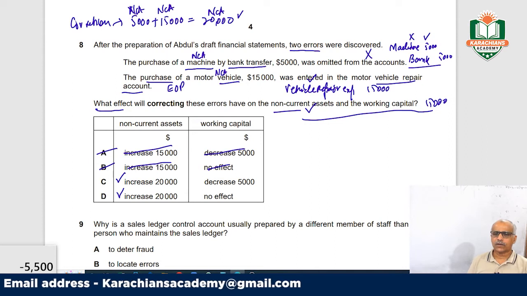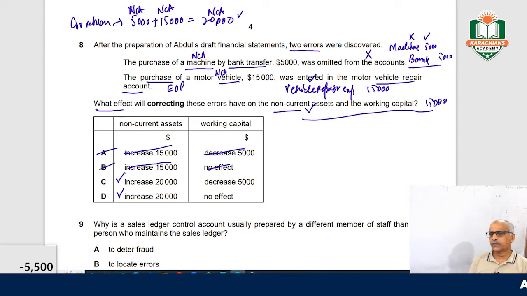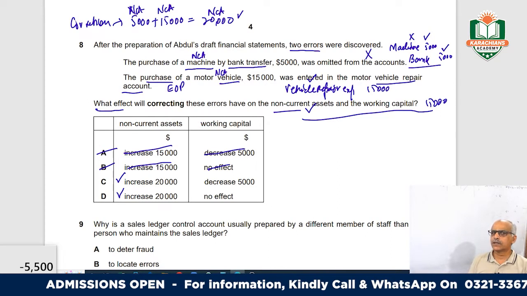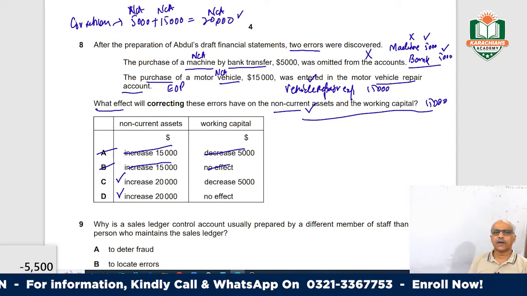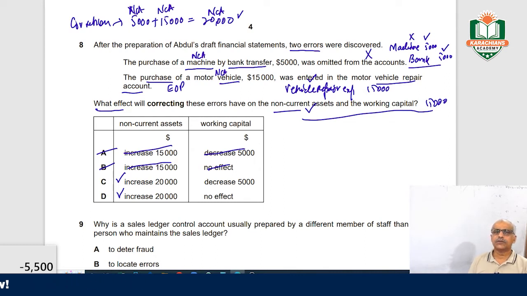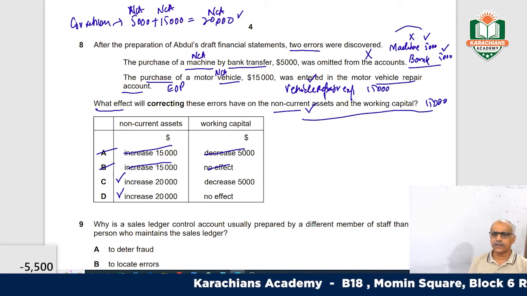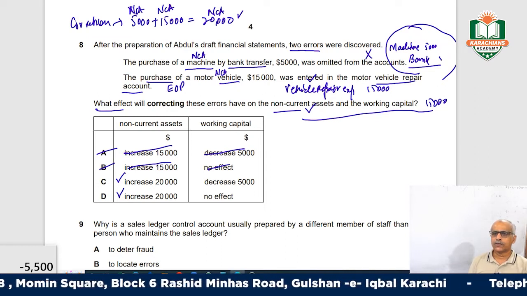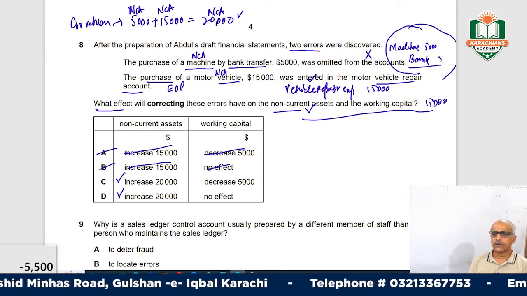Now the second aspect, we have to see the working capital. Actually, we did not record the bank. So it means we did not reduce our bank, means we did not reduce our current assets. Current assets minus current liabilities is your working capital. So you did not reduce your working capital. When you record this transaction, your bank will reduce.